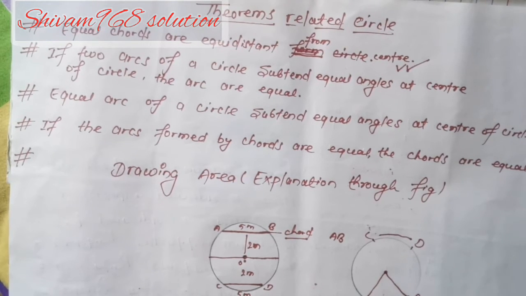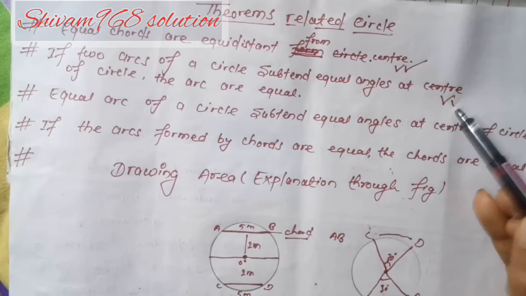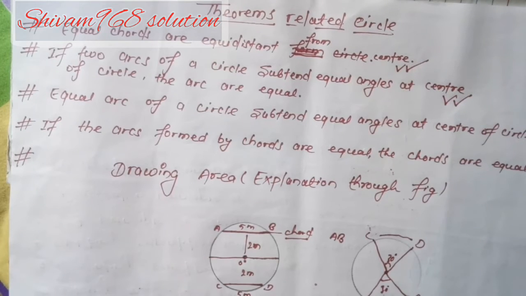If the angle made by arc AB is 30 degrees and arc CD also makes 30 degrees, or any angle equal to one another, then we can say arc AB equals arc CD. So this is the second theorem that you have learned.